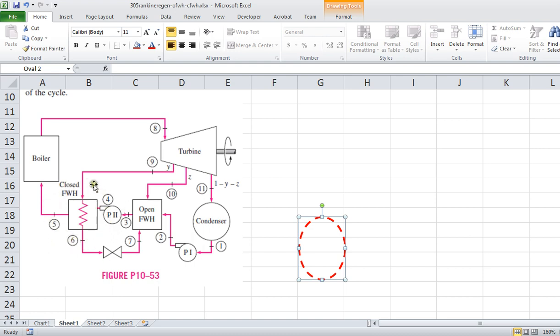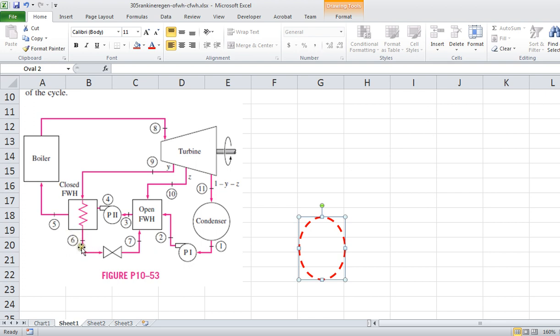But this closed feedwater heater complicates the cycle quite a bit, because as you'll recall, for the closed feedwater heater, we're going to bleed steam from the turbine and use that to preheat the feedwater that's coming from 4 to 5. And in so doing, we're going to condense this steam in the closed feedwater heater, and we've got to do something with that condensate.